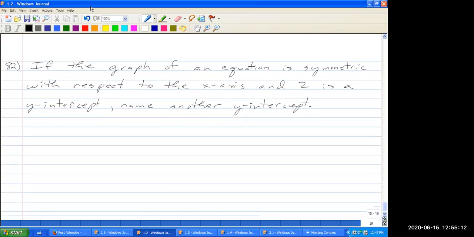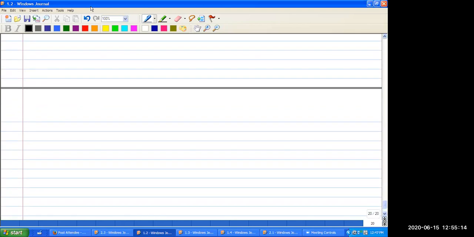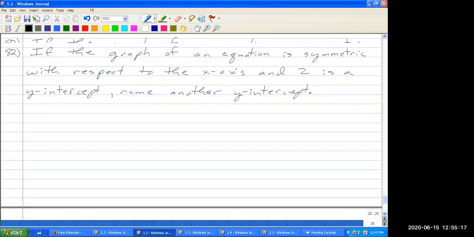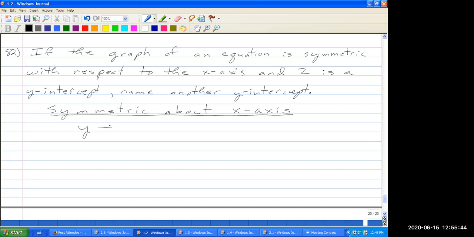If the graph of an equation is symmetric with respect to the x-axis, and 2 is a y-intercept, name the other y-intercept. So since it's symmetric with respect to the x-axis, that means that it's invariant under this transformation where I replace y by negative y.